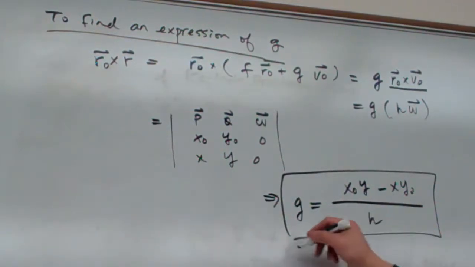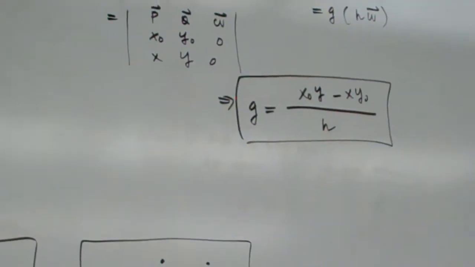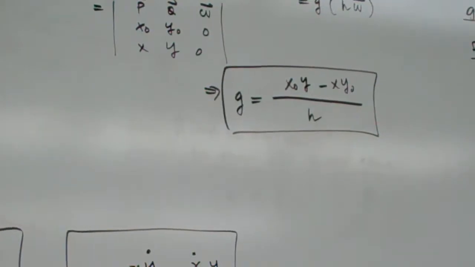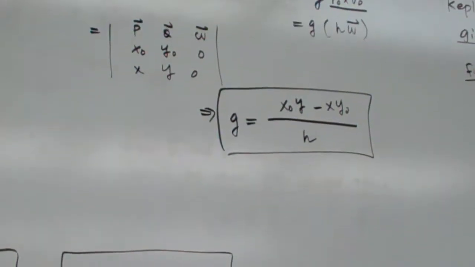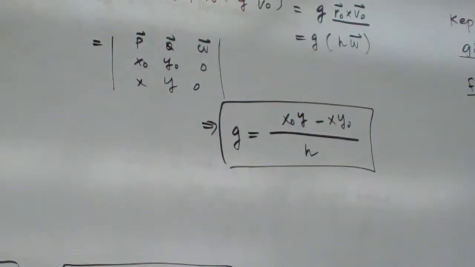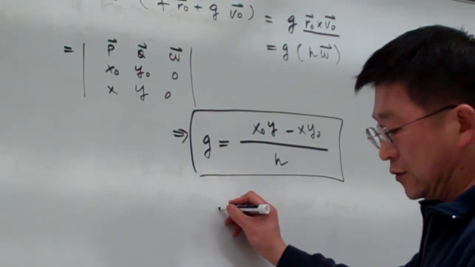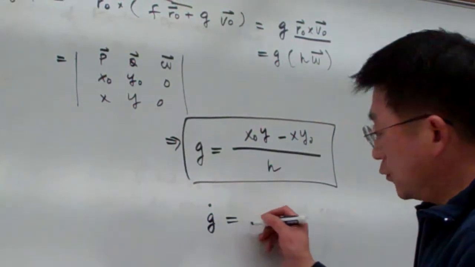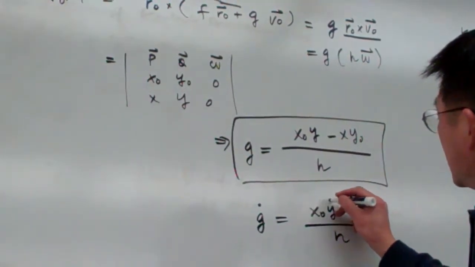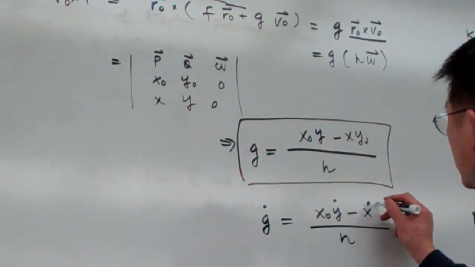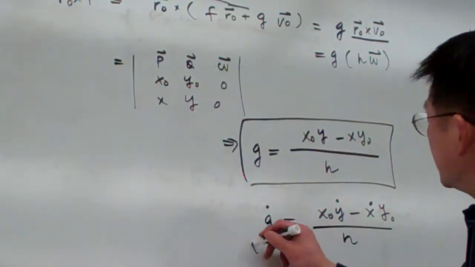So again, we have an expression for G. So we can repeat the same process without probably too much difficulty, and we can find another one. So G dot would be equal to H(X0Y dot minus X dot Y0).